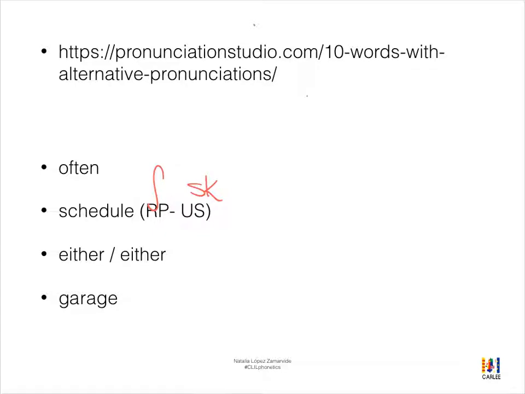However, I have to say, maybe not in this word, but there are lots of articles saying that American English is invading British English as well. So who knows? Maybe in some years' time, schedule will have taken over and everyone will say schedule. I don't know. Okay. In America, what would they say? Often or often? I would say often, probably.